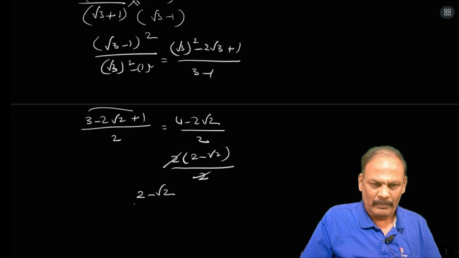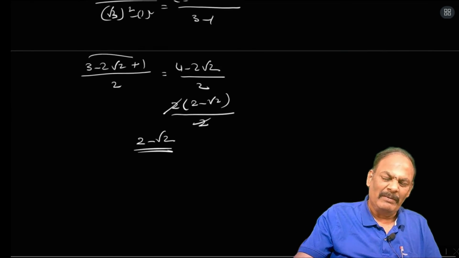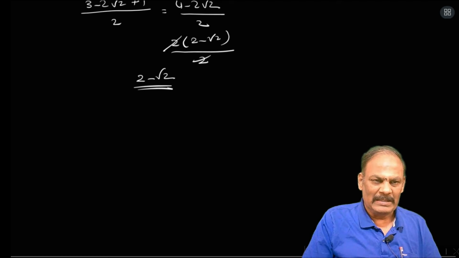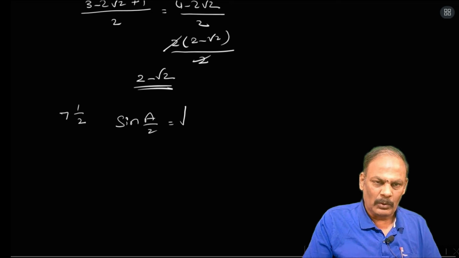Then after, we are calculating half angles, 7.5 degrees. Sin A by 2 equals, this is the formula, root of 1 minus cos A whole by 2.